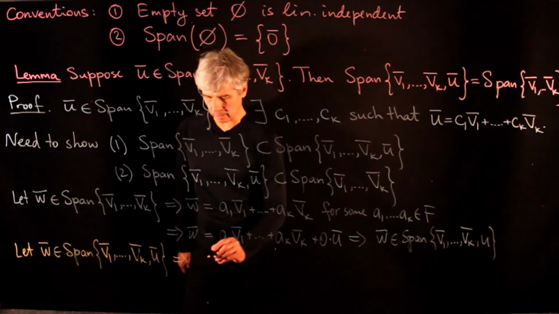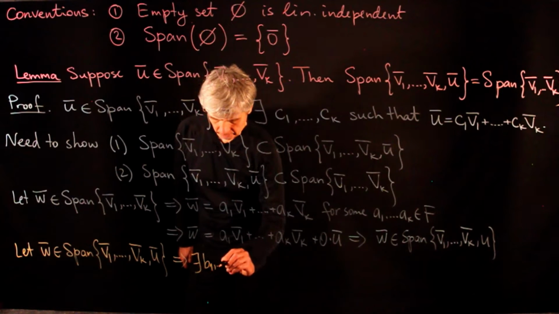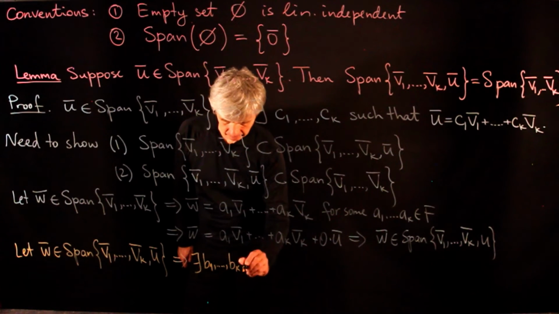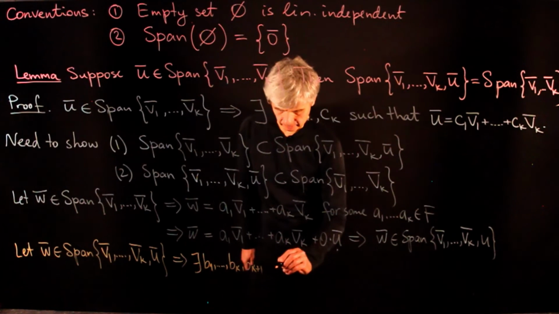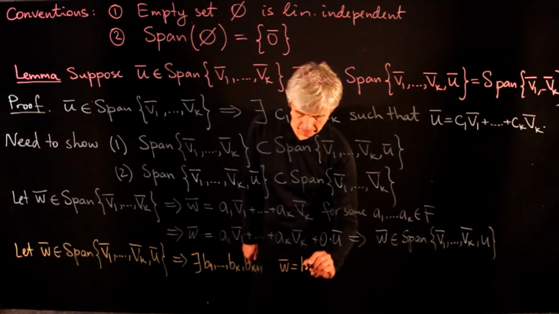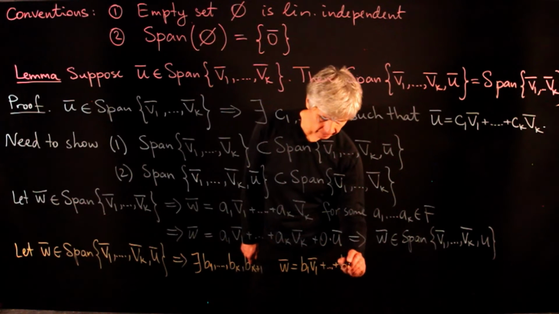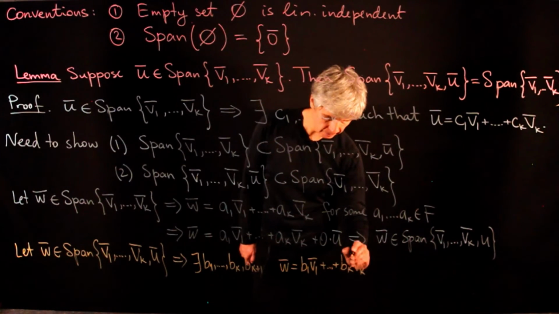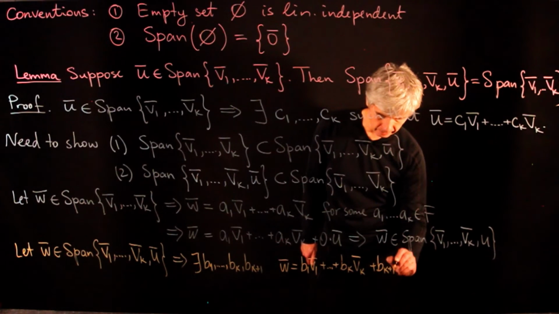This means that there exist scalars b1 up to bk and bk plus 1 such that w is equal to b1 v1 plus bk vk plus bk plus 1 times u.